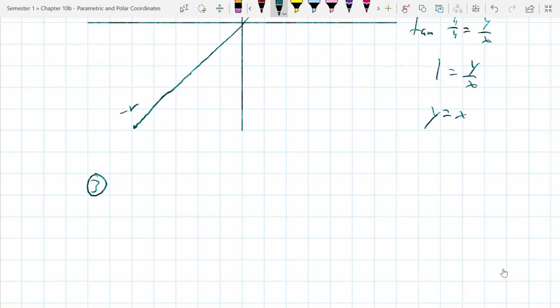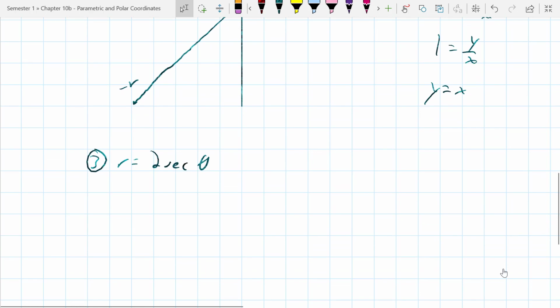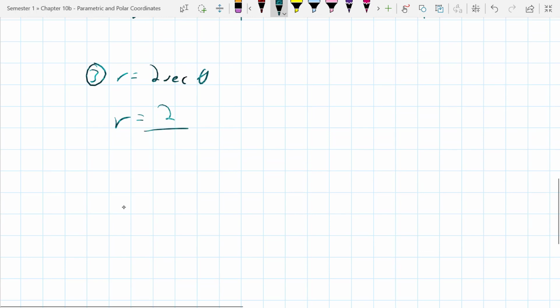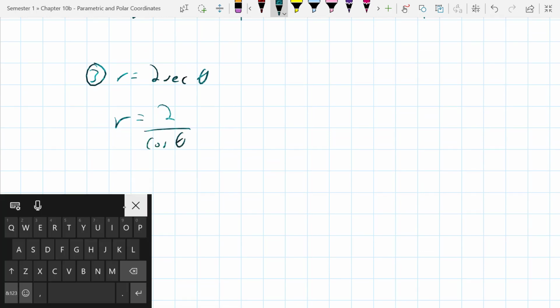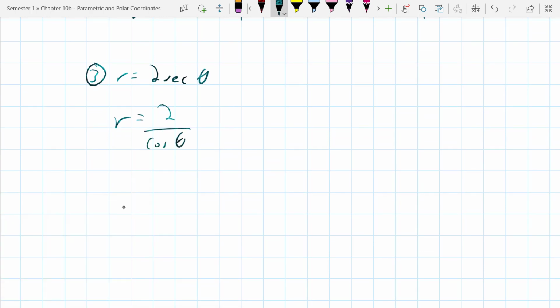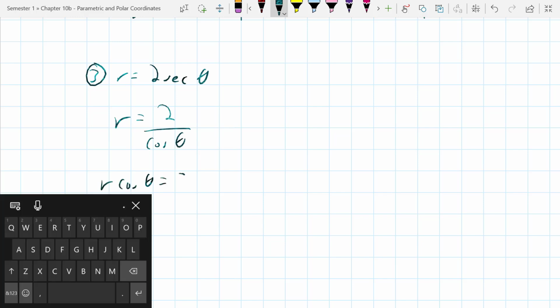Let's graph another one. Let's graph r is equal to 2 times the secant of theta. So sometimes it makes sense just to try to convert these to sines and cosines, so we can kind of perceive it a little bit easier. I know that r would be equal to 2 over the cosine of theta. And if I multiply both sides times cosine theta, I get r cosine theta is equal to 2.